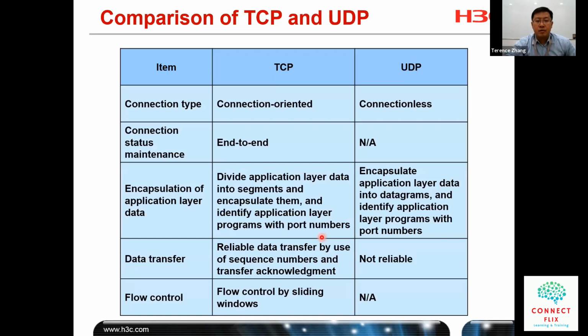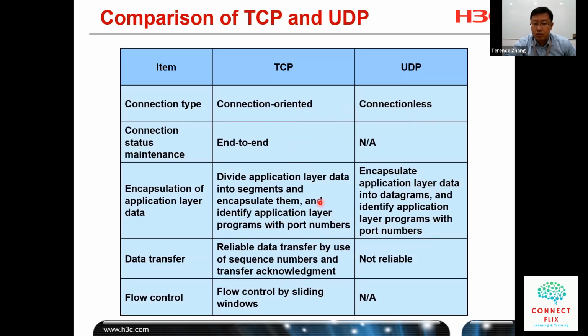Right. Comparison of TCP and UDP. We take a look again. TCP is connection oriented; UDP is connectionless. End-to-end connection, no connection. Encapsulation: TCP has segments with sequence, and UDP encapsulates application layer data into datagrams with port numbers. This is the same, right?